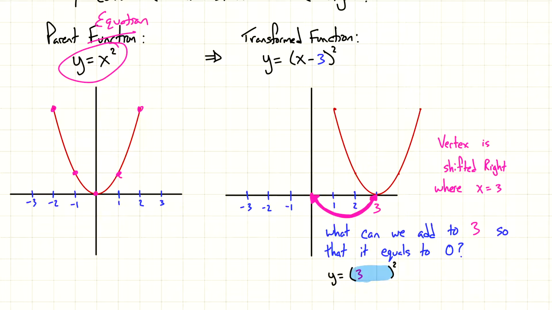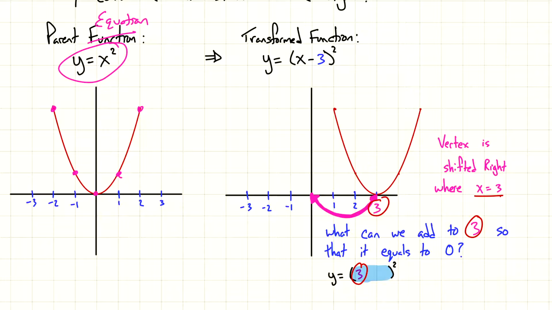So what can I plug in here so that this actually ends up equaling 0? Like I said, if I put plus 3, that's not going to give me 0. But if I put a minus 3, then that gives me 0. In case you're not following along, this 3 is the same 3 we're talking about.